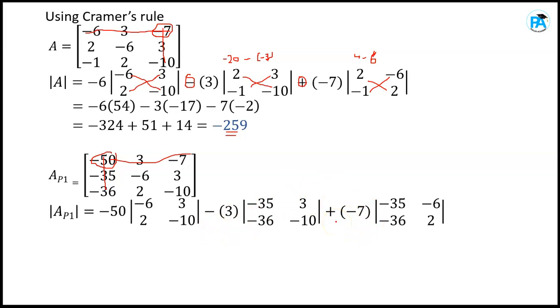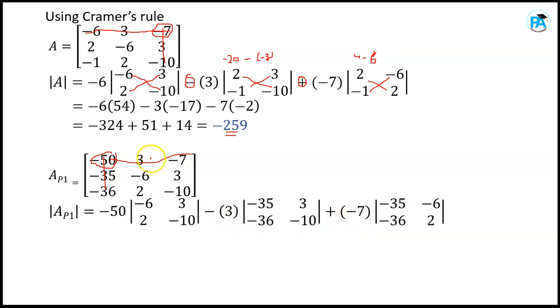There is a reason for that. You see, this minor combined with its sign is called cofactor. This minor combined with its sign, which is positive, is called cofactor. There is a reason for that, which we've done in another topic. So minus before plus, don't forget.